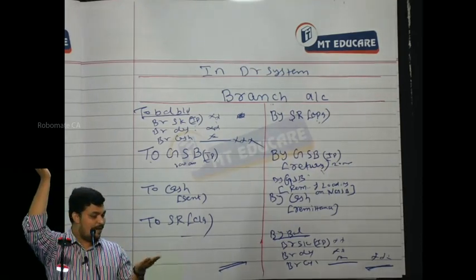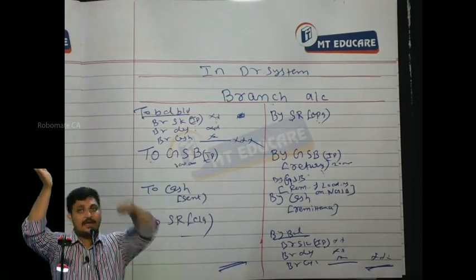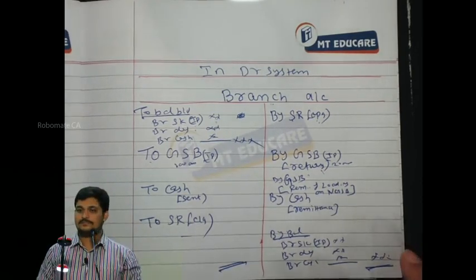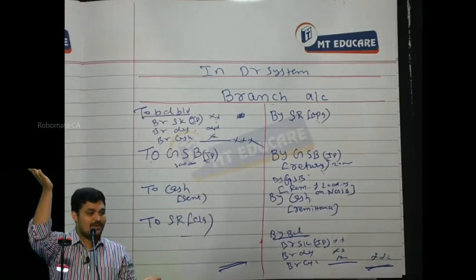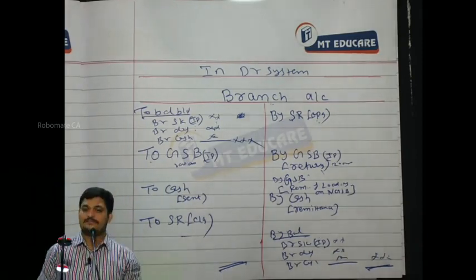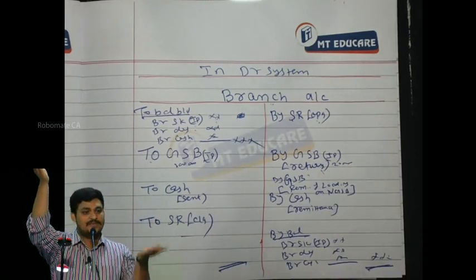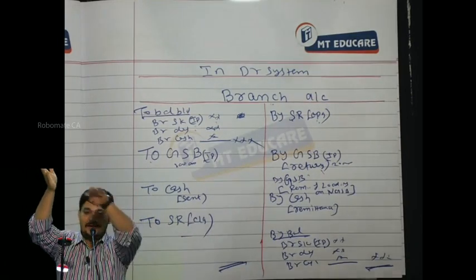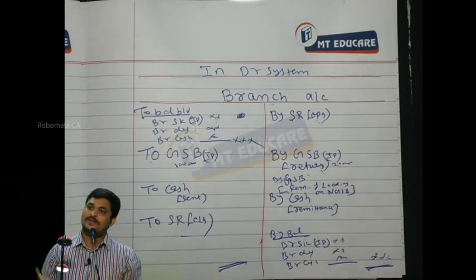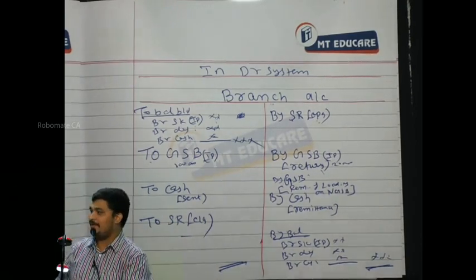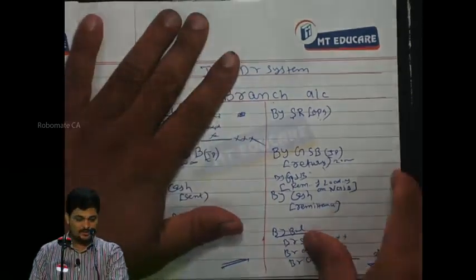Invoice price, margin on cost price: convert, apply. Cost price, margin on cost price: apply directly. Cost price, margin on invoice price: convert, apply. So if the same base is given, apply directly. If the opposite base is given, convert and apply. So these points you should remember.